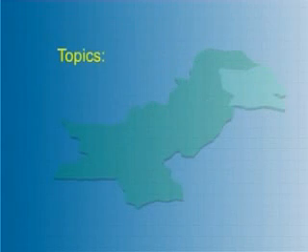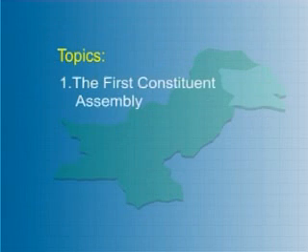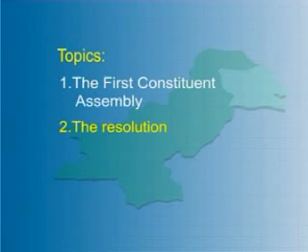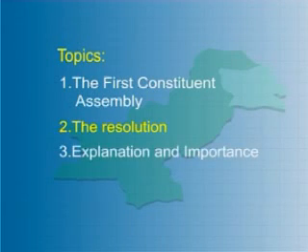One, we will talk about the first Constituent Assembly of Pakistan, how it was established. Second, the Objectives Resolution of March 1949. Three, the explanation of the resolution and its importance.